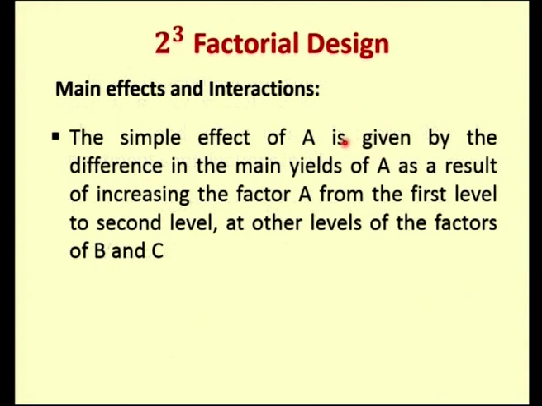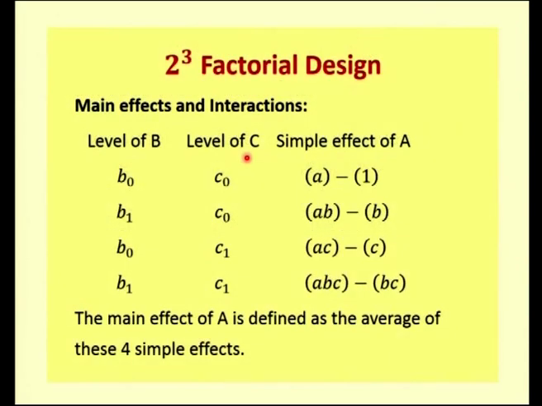And here the main effects and interaction effects are calculated in the following manner. The simple effect of A is given by the difference in the mean yields of A as a result of increasing the factor A from the first level to the second level, at the other levels of the factors B and C. The simple effects of A are listed for the different levels of B and C, and the main effect of A is defined as the average of these 4 simple effects.